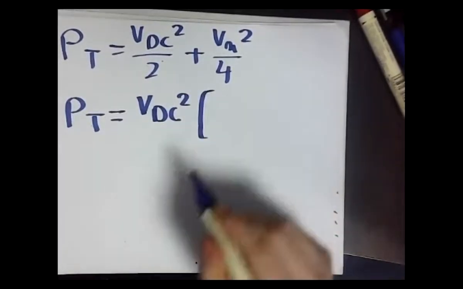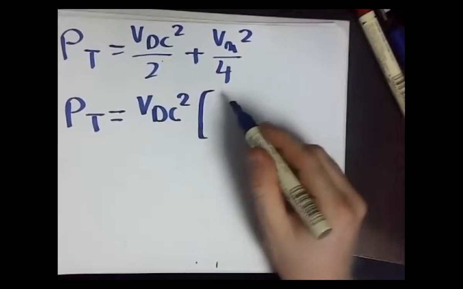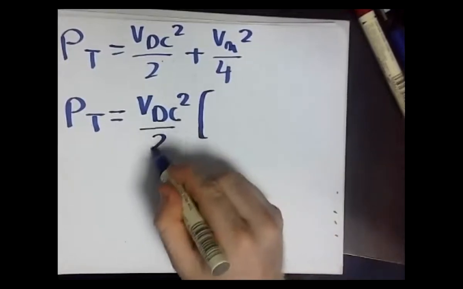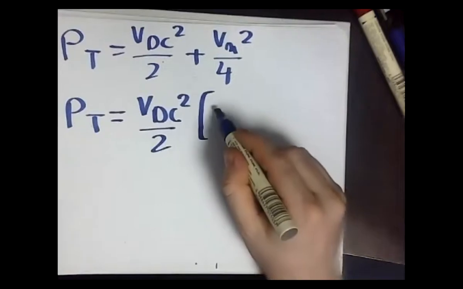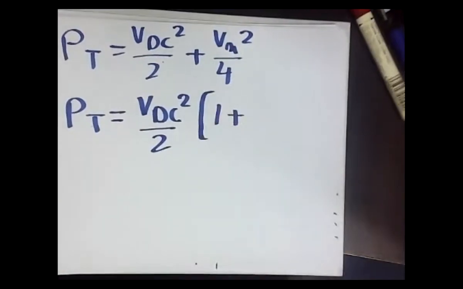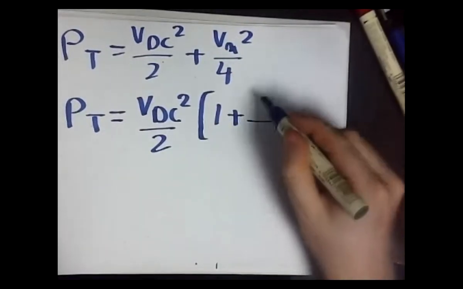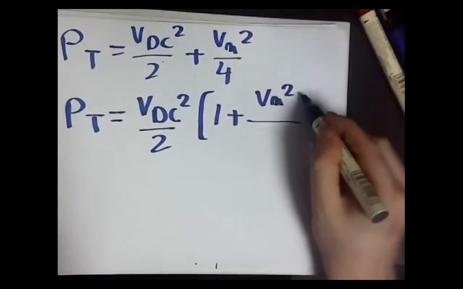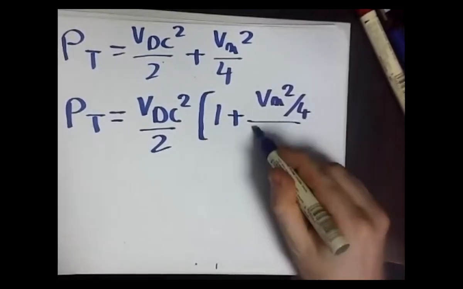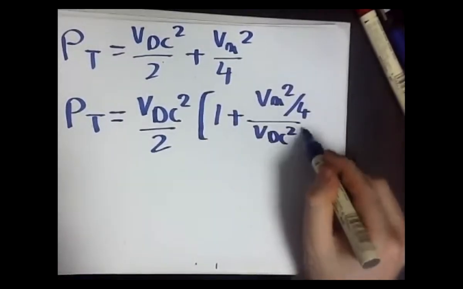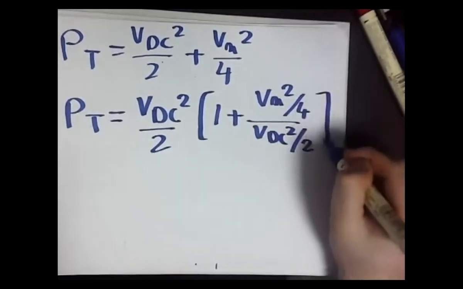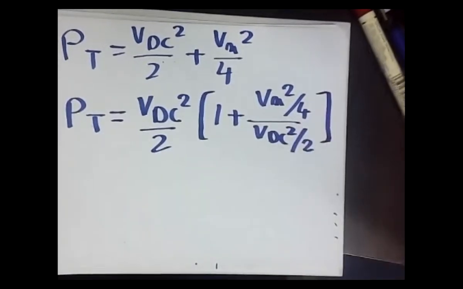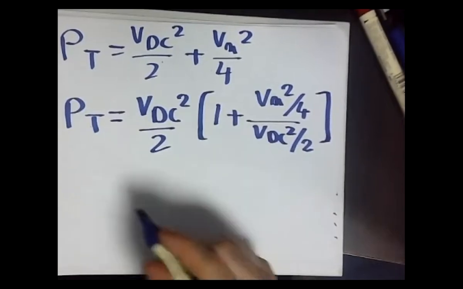Then you will have 1 plus VM squared over 4 over VDC squared over 2, which is simply as follows.